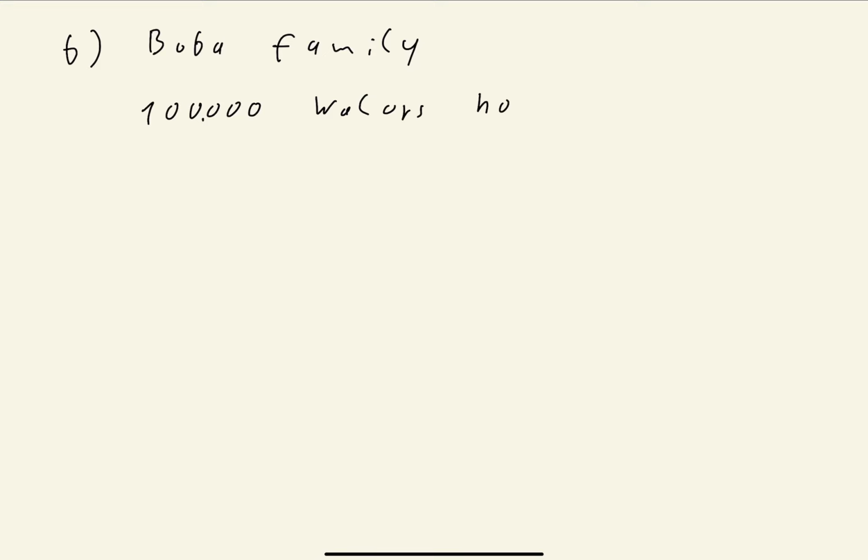Household income, and we have 5 family members. The steps here are quite similar to the steps that we had before.